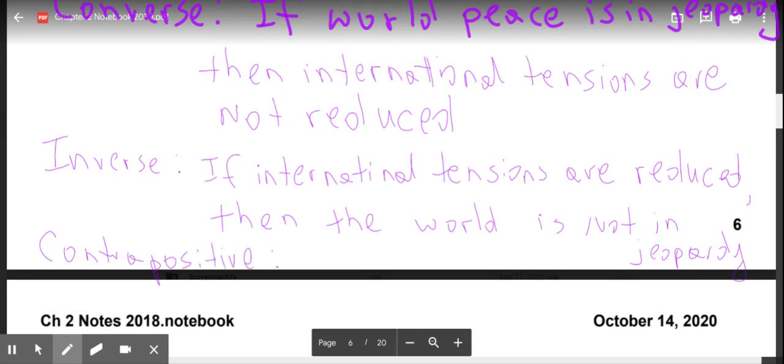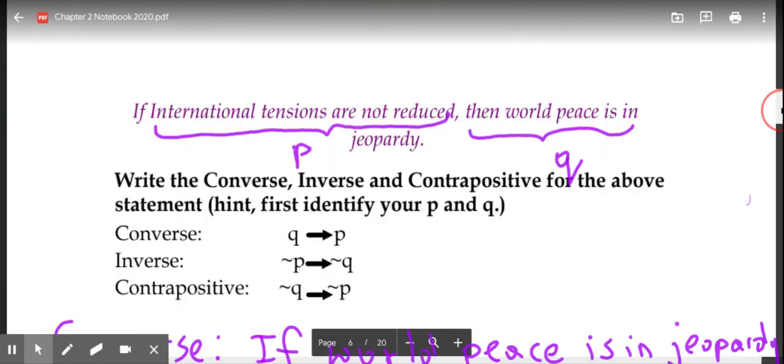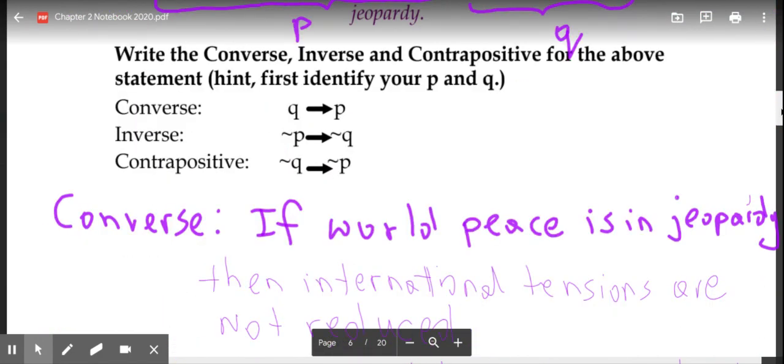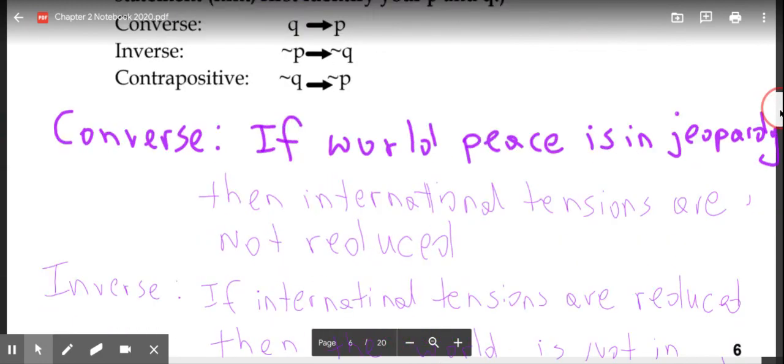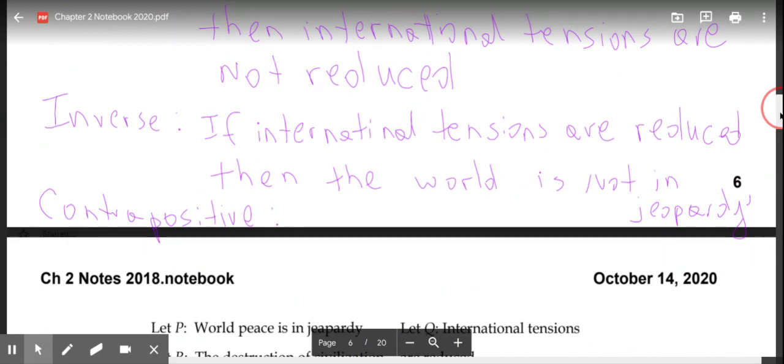To form a contrapositive, you negate the converse. So let's take a look at our converse, and then let's negate our converse. Our converse was, if world peace is in jeopardy, then international tensions are not reduced.